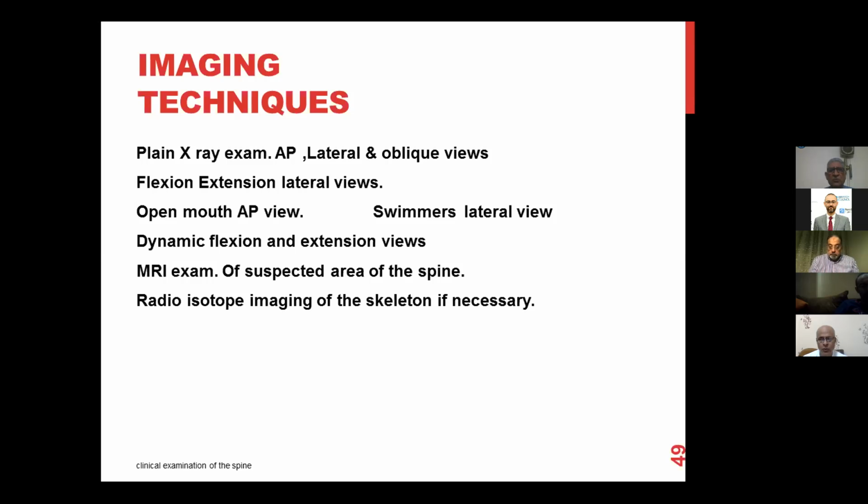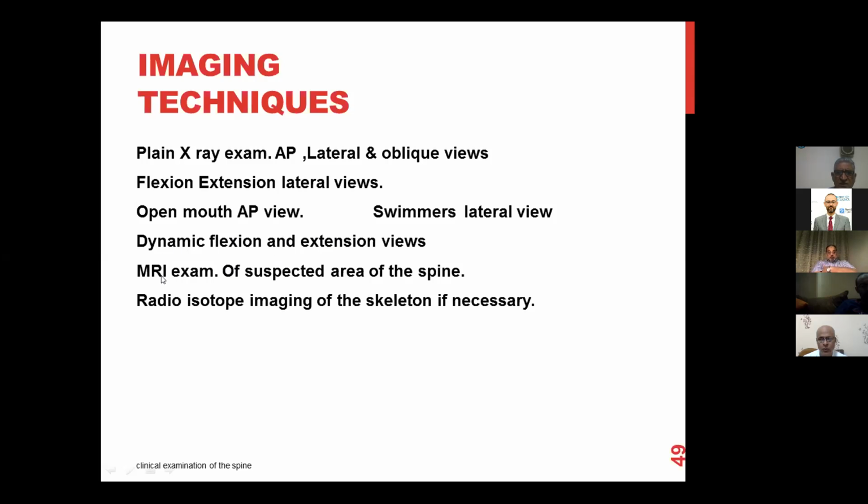We can do this by plain X-ray examination, either AP, lateral, oblique views, flexion extension lateral views, open mouth AP view for the upper cervical spine at the atlantoaxial joint, and swimmer's view lateral views in cases where we cannot see the lower cervical spine at the cervicodorsal junction. CT in these cases also may show this site much better.